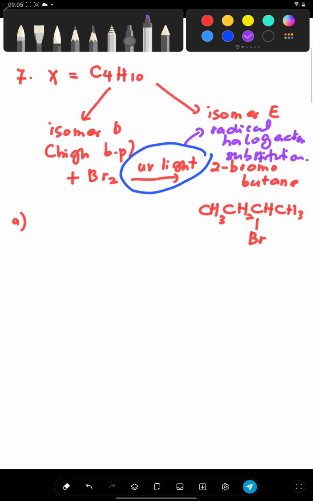It means that one hydrogen at the alkane group is substituted with one halogen atom. For example, here I think you need to do the reversible reaction. Okay, here is D plus Br2 in the presence of UV light.